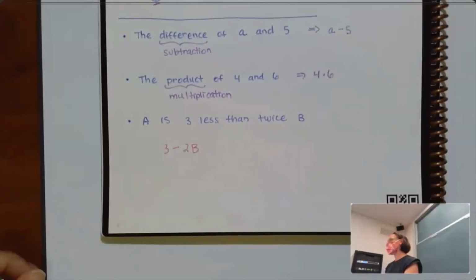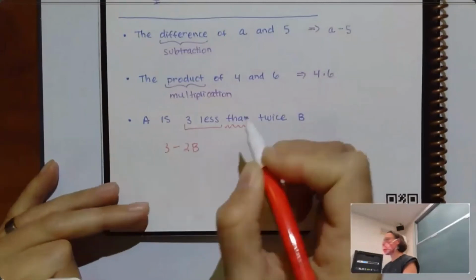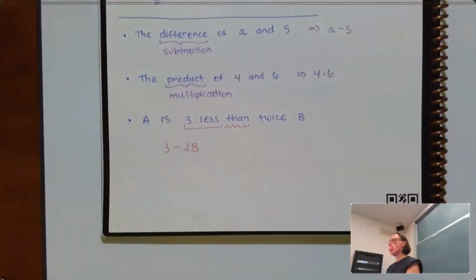And I'm going to apologize for the English language or something. This really is a grammatical issue more than a math one. But this phrase, 3 less than, the than part means that the 3 is being subtracted from something.